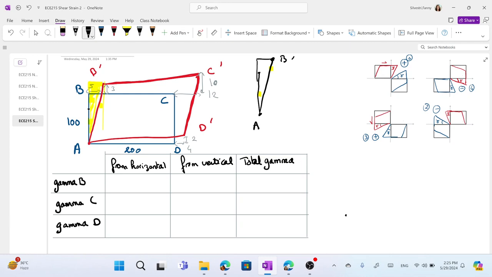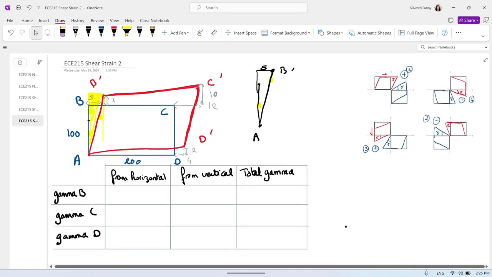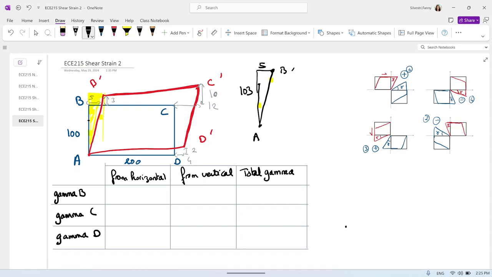So the distance on the top will be 5, and the vertical distance will be 103. So the angle gamma for the point B, or B prime, with the vertical will be arctangent of 5 divided by 103. And with the horizontal, now we try to find the value with the horizontal there. So we need to be in that triangle.